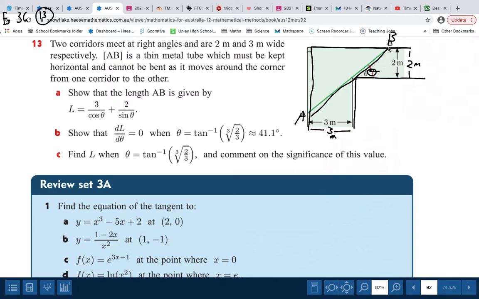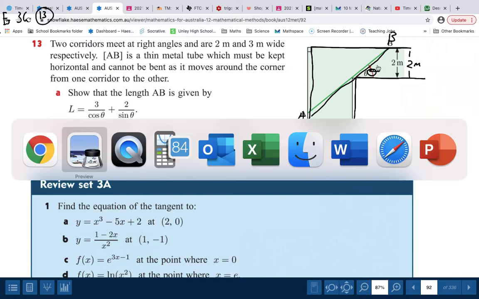At some point there has to be this minimum spacing between the corridor walls to allow that tube to get through. As in, if that angle was getting closer to 90 degrees, the tube could just come down and be really long, but then it won't fit through the corridors.